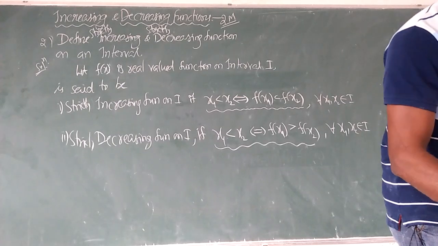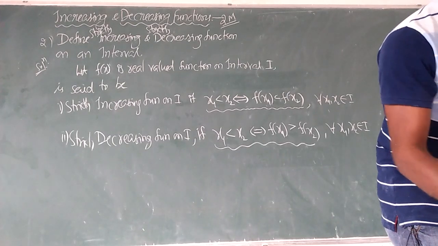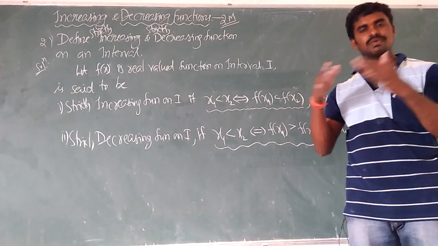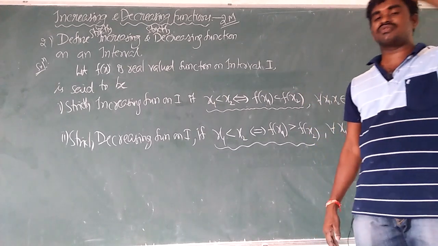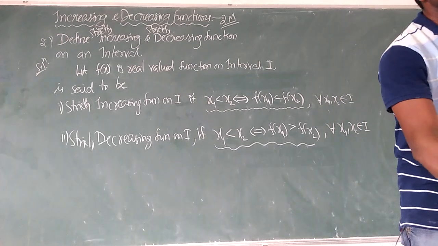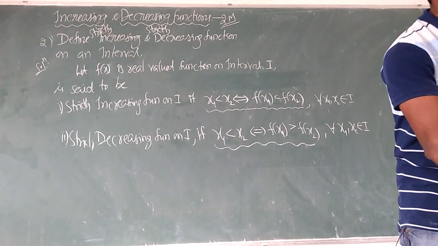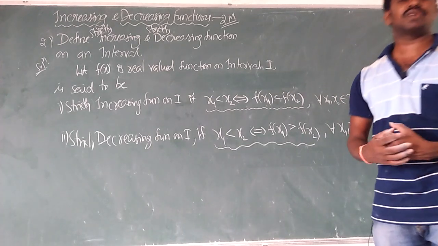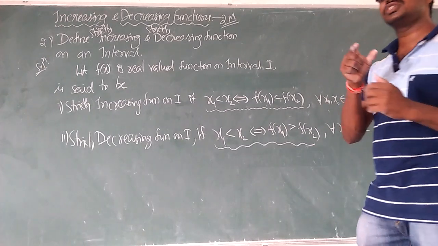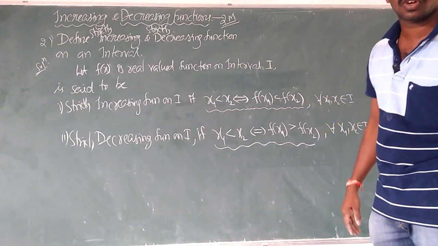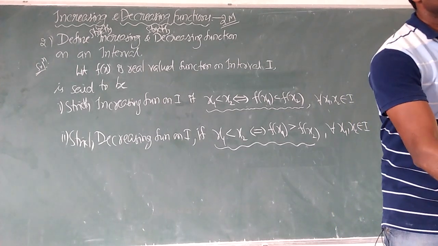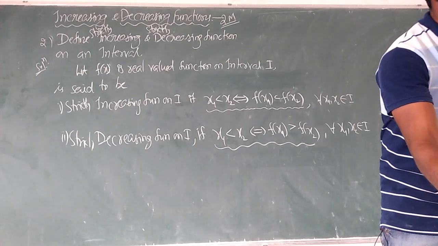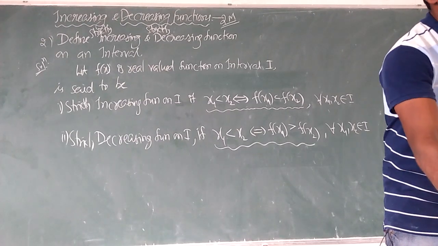In this application of derivatives chapter, I told you the first part is errors and approximations: 2 marks, very important and very easy questions. Next, we completed the long questions on tangents and normals, including the 4 marks questions. Then we completed rate measure, length of tangent, and length of subtangent.